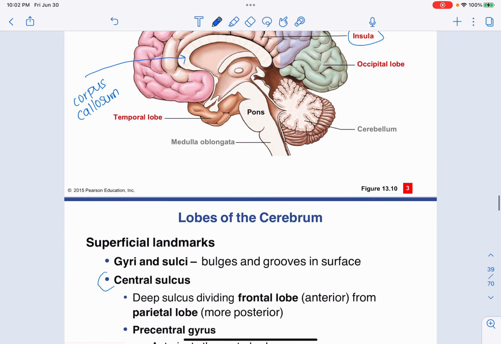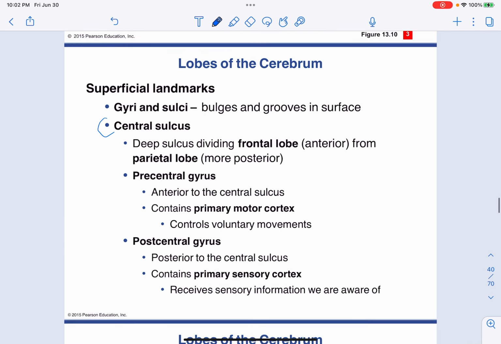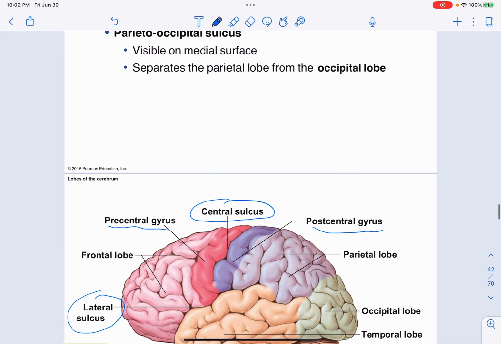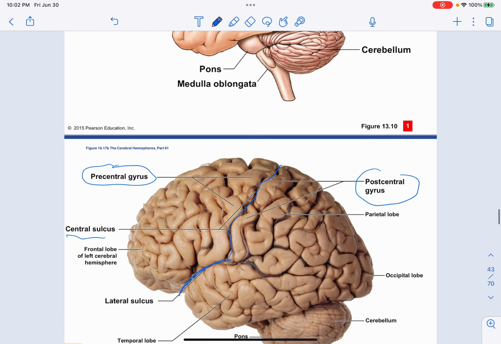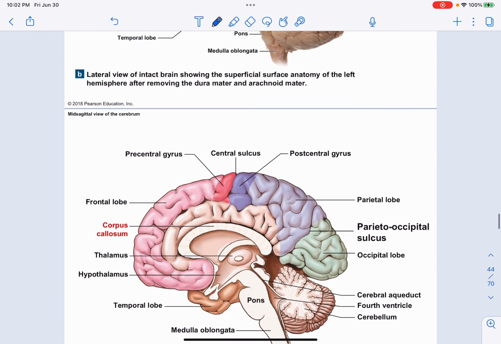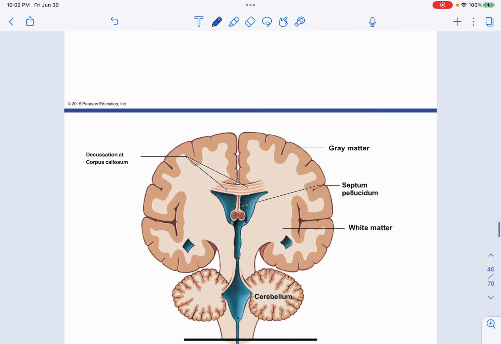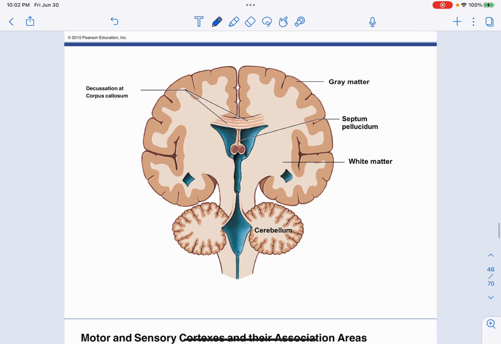Now I want to pay close attention to the way that the gray matter is organized. Gray matter is all superficial. That's what you're seeing here, right? Just like the cerebellum, but opposite to the spinal cord.